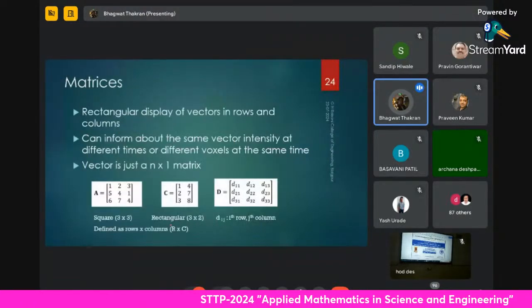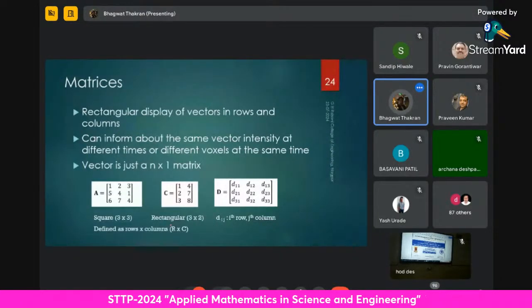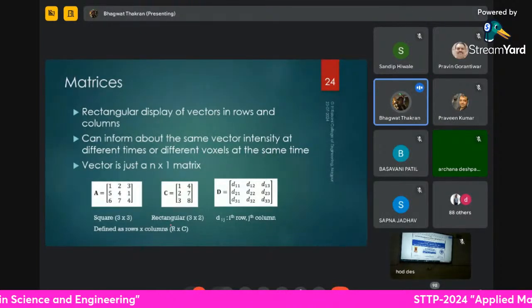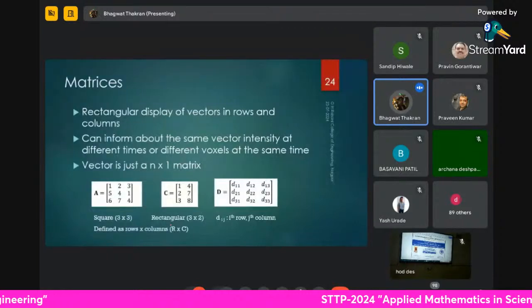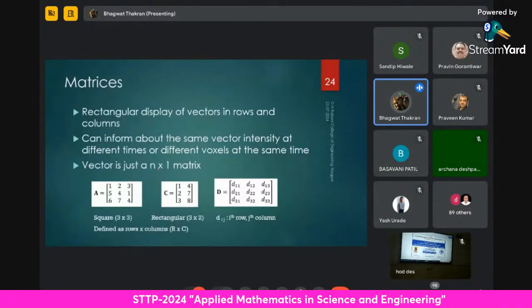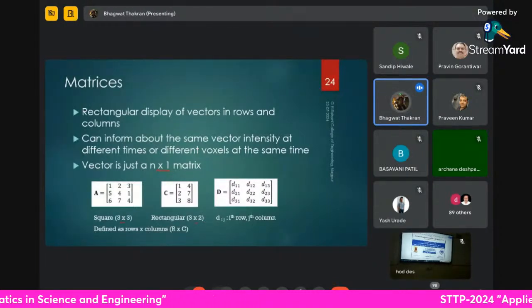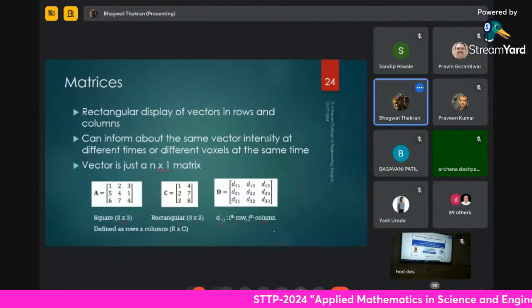Now, moving forward, because all these vectors, when we combine them, form a matrix. It doesn't matter what order the matrix has. It can be a rectangular display, or a 3 by 3 matrix, or a 3 by 2 matrix, or an ith row and jth column matrix.